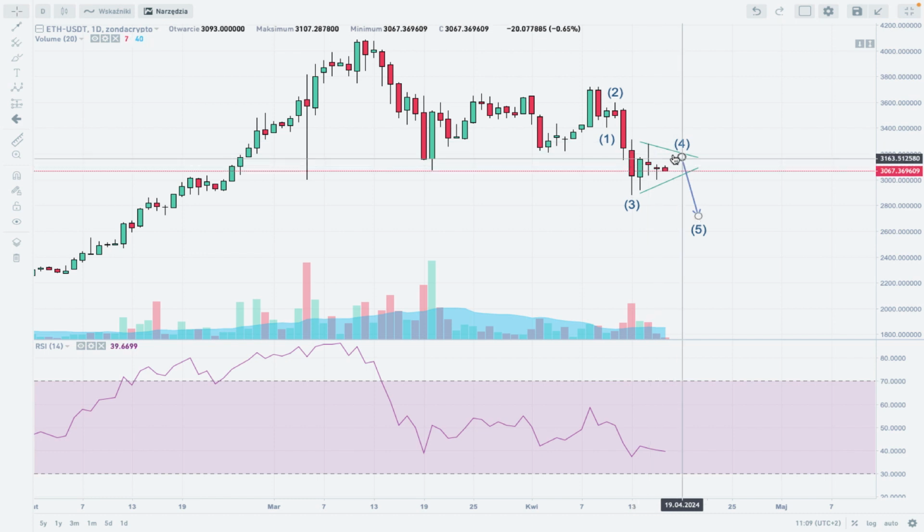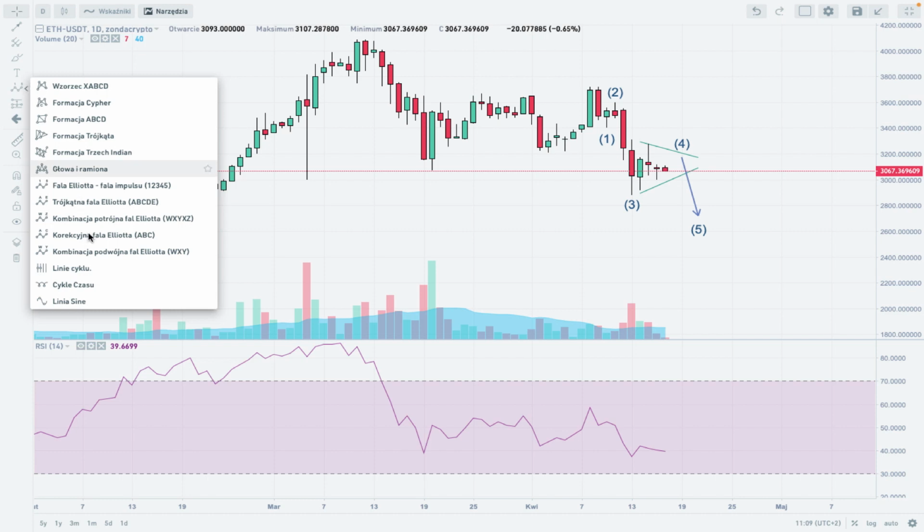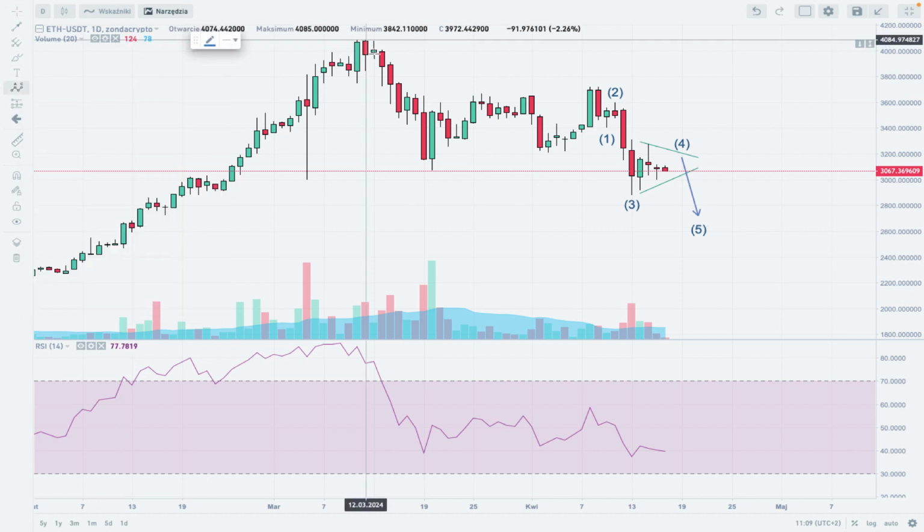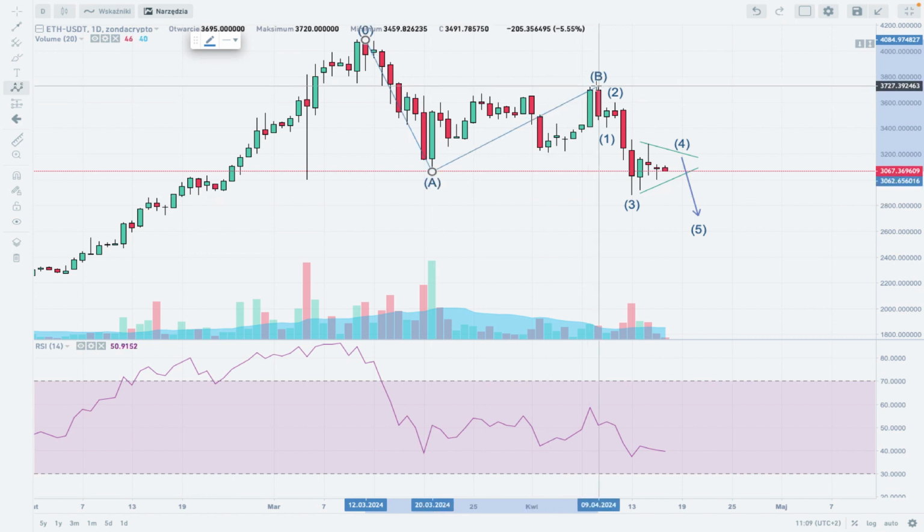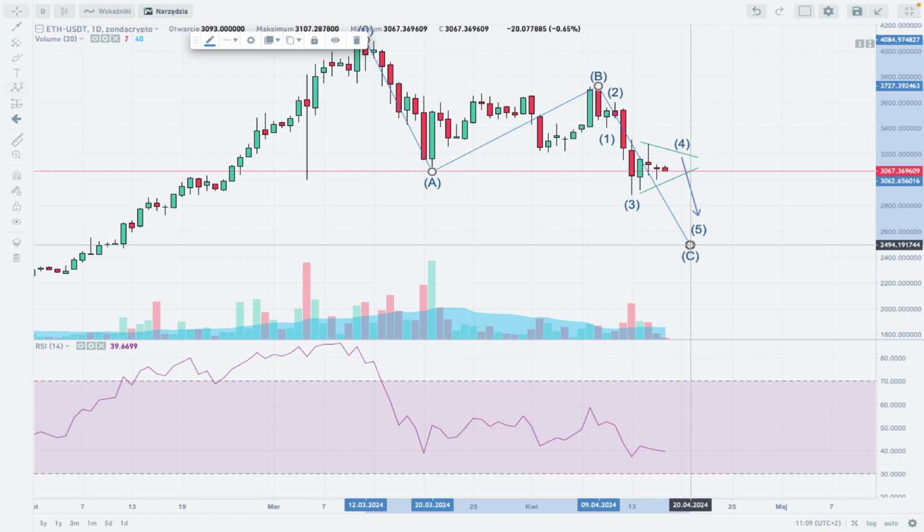So when the triangle is completed, downside movement should be done, and then the big upper cycle correction, ABC correction. So from the highs, this is the wave A, this is the wave B, and we are looking now for the wave C to be completed, right?